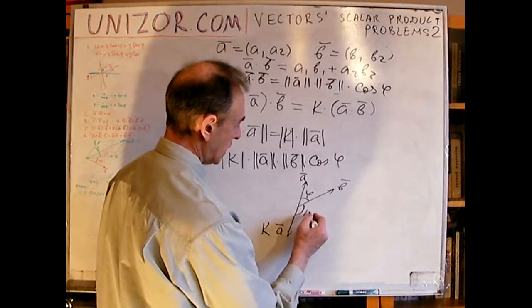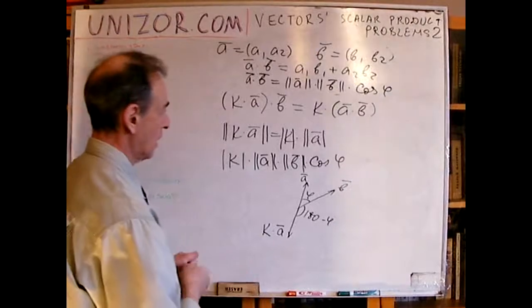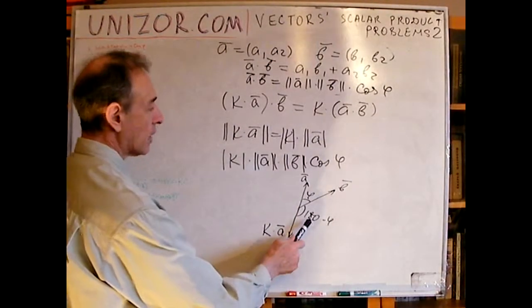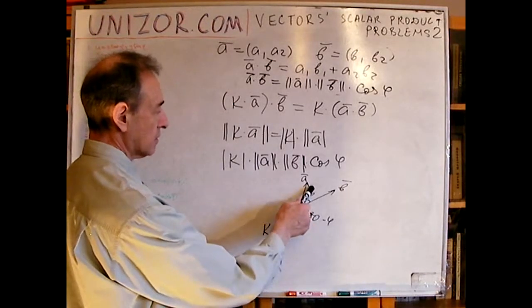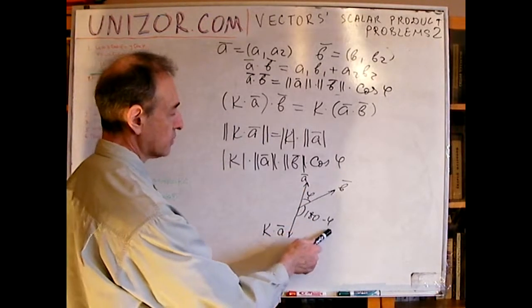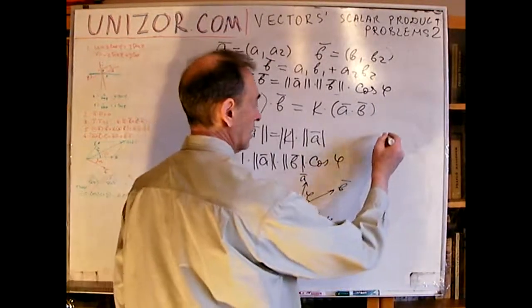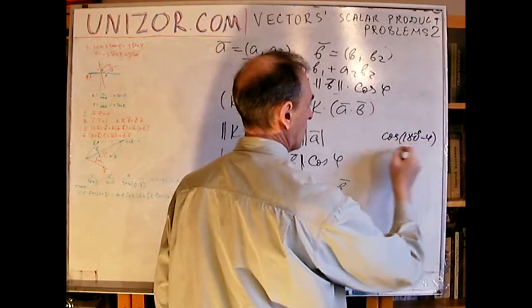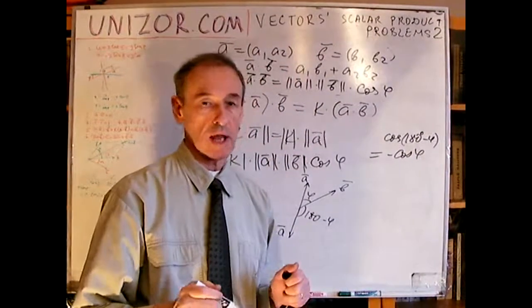As a result, my cosine is changing from the cosine of phi to the cosine of 180 degrees minus phi, which is minus cosine of phi, as we know from trigonometry.